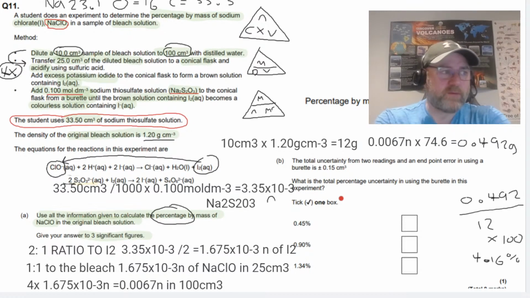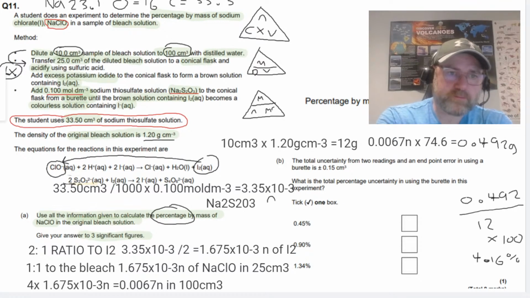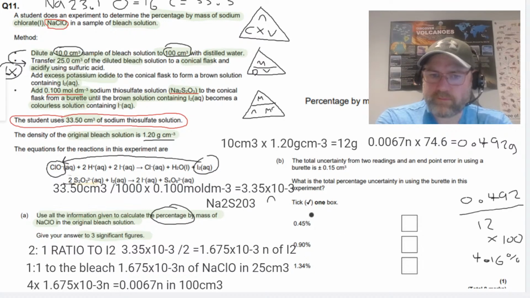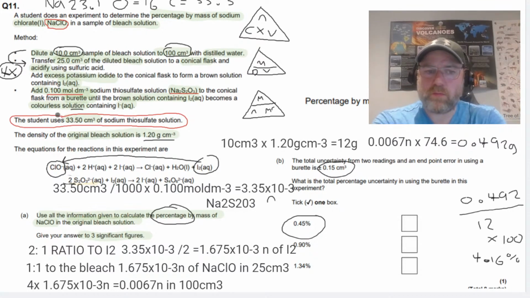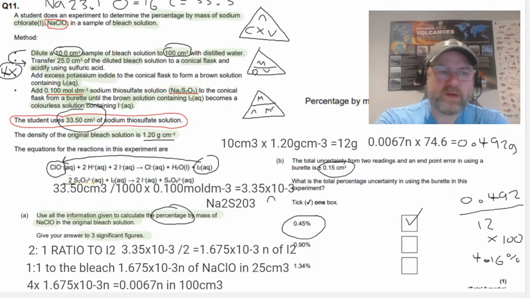It's 0.45. So once again, you take this uncertainty like we did in a previous question, and divide it by the measurement, which in this situation was 33.50, and then times 100, and bang, it rounds up to 0.45.